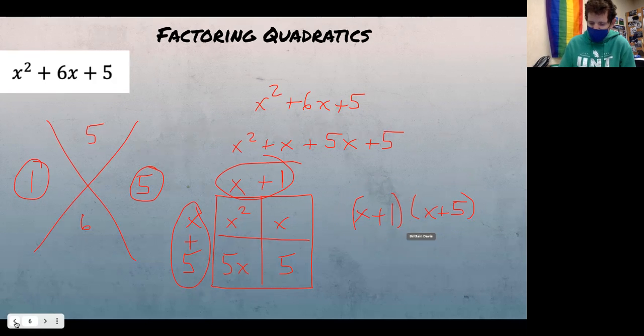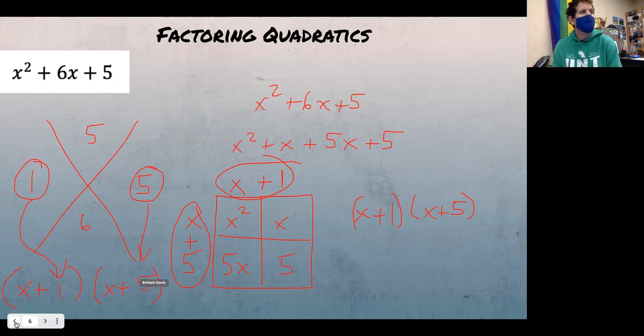So the shortcut is I can just take this, and I can have an x plus, and I can just take this and just drop it in. So that seems like, oh, why are we going through this process of the Punnett square? Well, like I mentioned, this Punnett square doesn't work if your a is something besides 1. So it's a good shortcut to know, but don't become reliant on it because it doesn't always work.